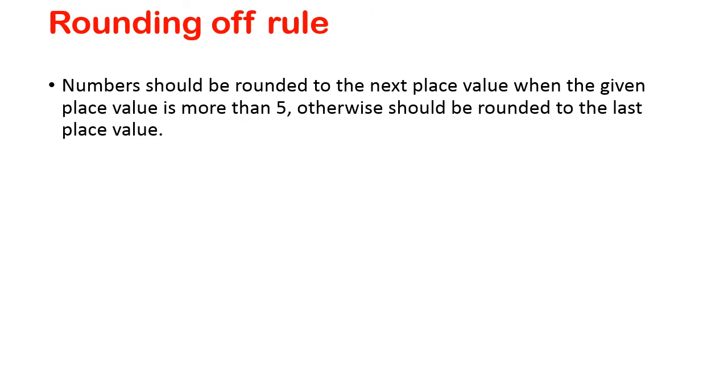Rounding off rule. This one also we have already learned. Now we are going to just recall it. A number should be rounded to the next place value when the given place value is 5 or more. Otherwise, it should be rounded to the last place value.